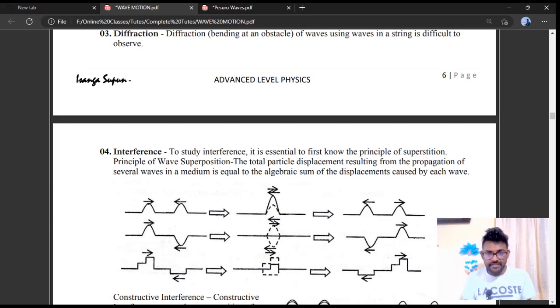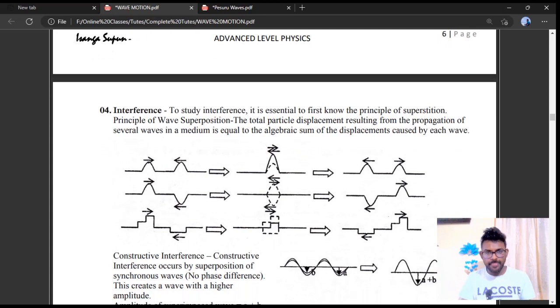To study this interference, we need to learn about the principle of superposition, the principle of wave superposition. It's like this: the total displacement of particles resulting from the propagation of waves through a medium is equal to the algebraic sum of all the displacements caused by each wave.